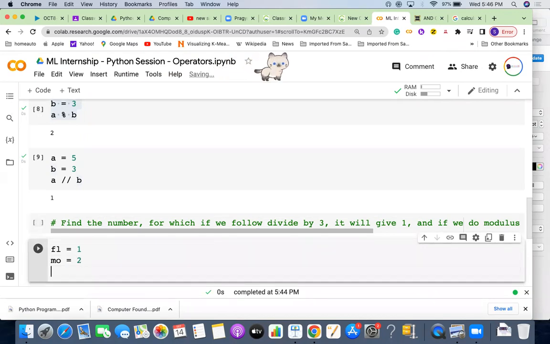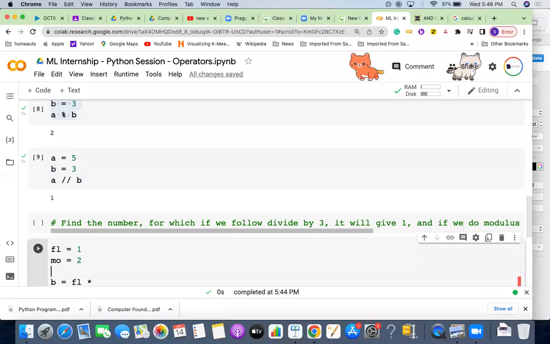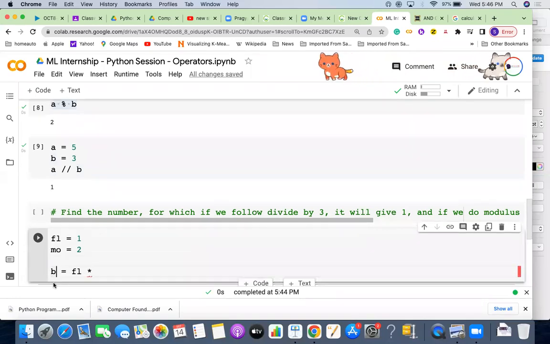Now I'll say the divisor number is C, so C is equal to 3.